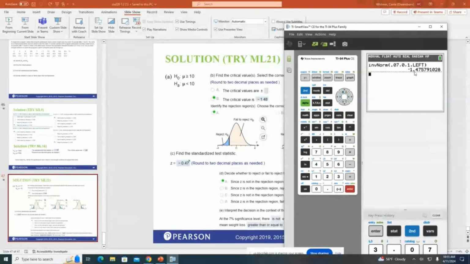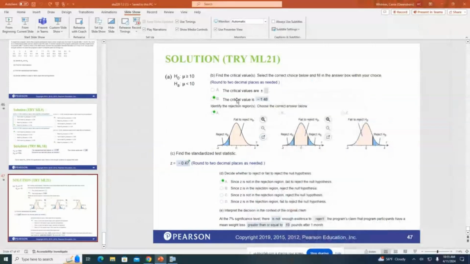And that gives me my negative 1.47. Okay, so that's the boundary, so actually it should be negative 1.48 if you round correctly, and then this would be my graph. And then when you look at your Z-score, Z is not in the rejection region because of it being negative 0.47, it would be more in this pink part. And so you're going to fail to reject the null hypothesis.